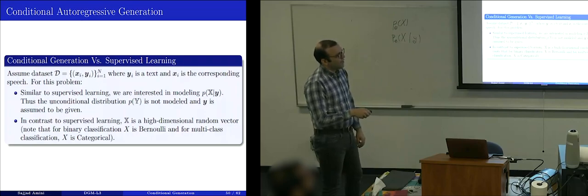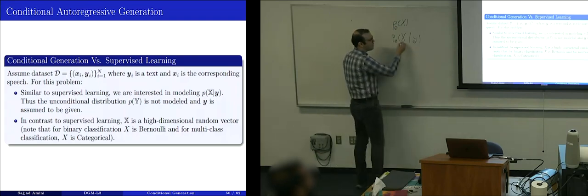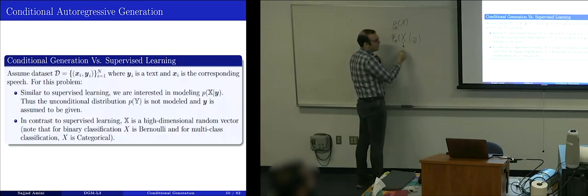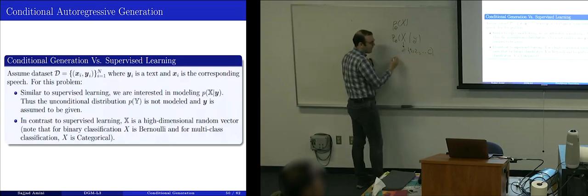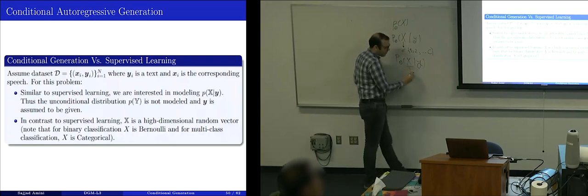But in contrast to supervised learning, where, because we changed the notation, this x was a label, between 1, 2 till C, assuming you have C classes. Now you are working on the case where this x, for example, is the speech corresponding to this text.